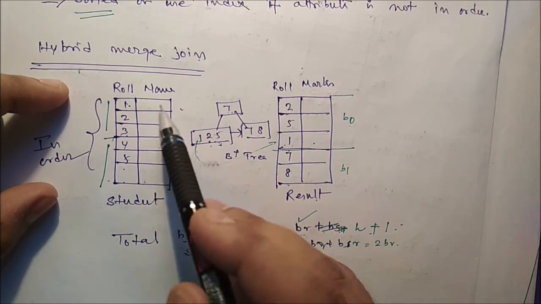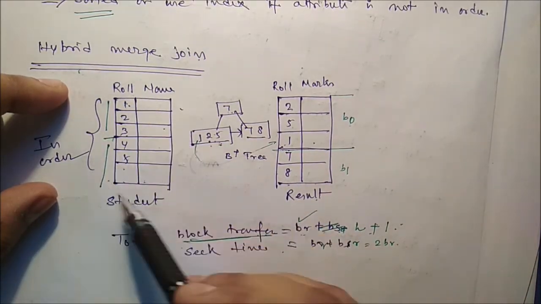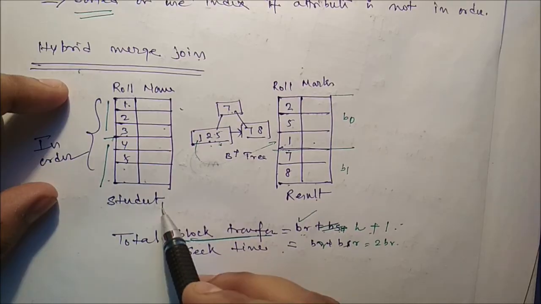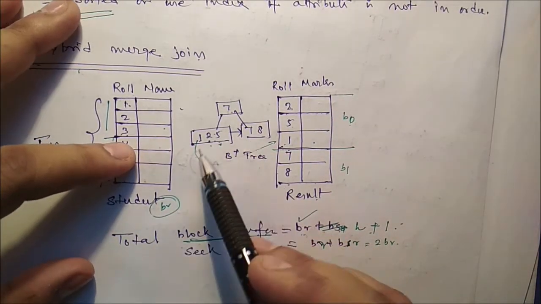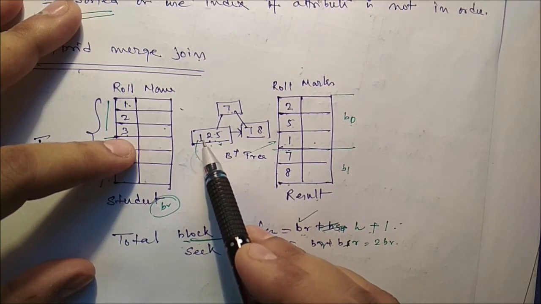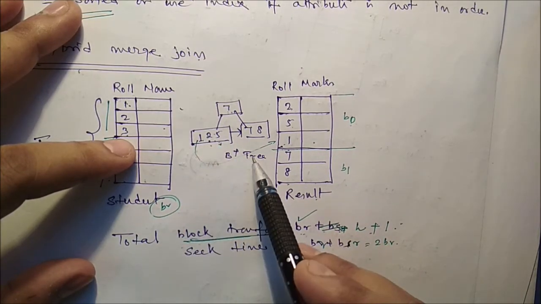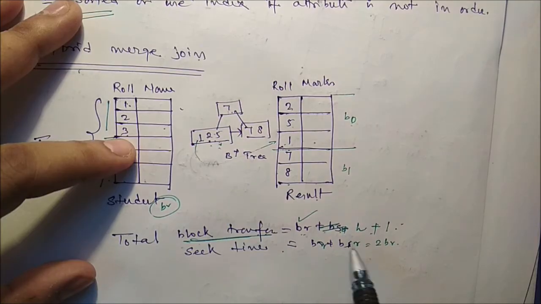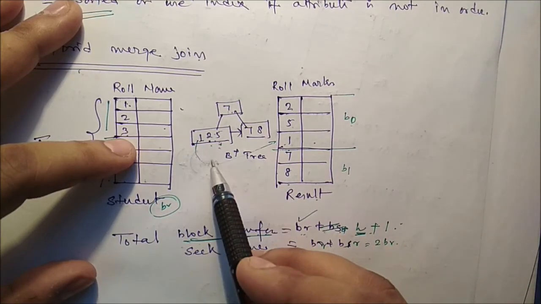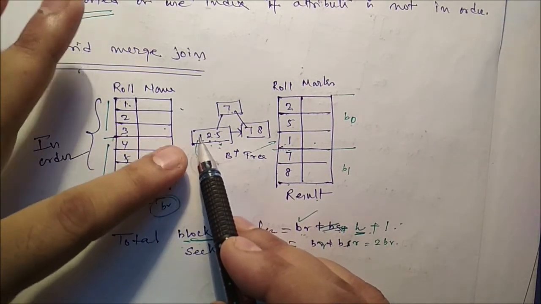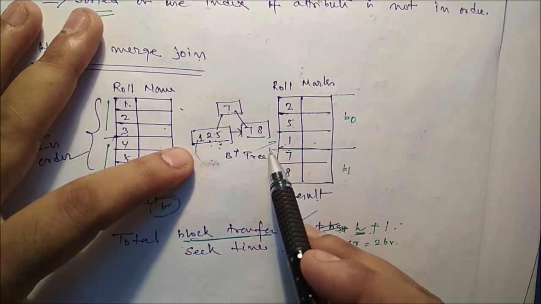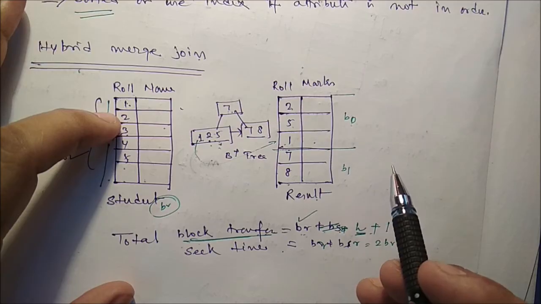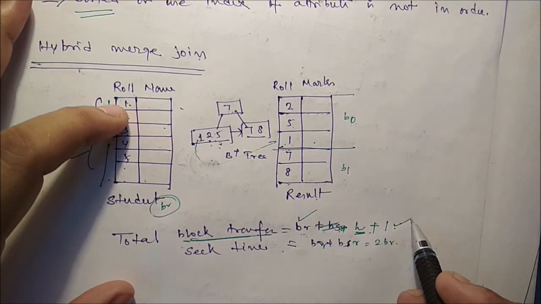That means we need all the block transfers for the student table, so BR number of blocks, plus to access the B tree, the number of block transfers depends upon the tree height, which is H. After getting the address, we have to identify where the block is and transfer it to merge these two records. So we need one more.